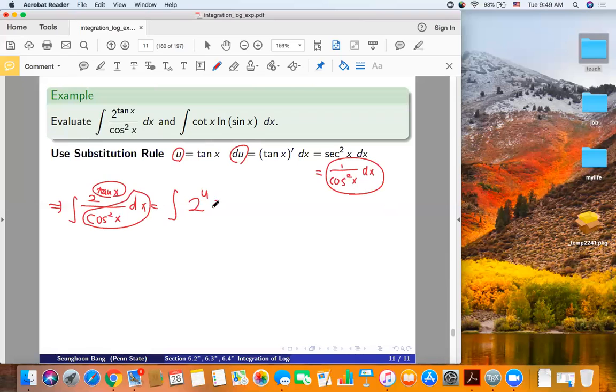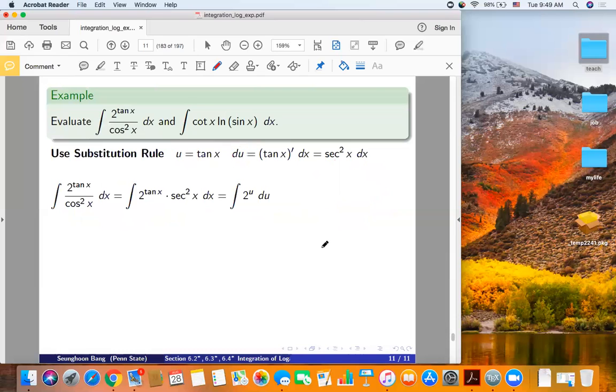Do we have a simple form? You can use the formula. What's the formula? 2 to the u over ln of 2 plus c. The final answer, changing back, u is 10x: 2 to the 10x over ln of 2 plus c. That's it. This is your final answer for the first problem.